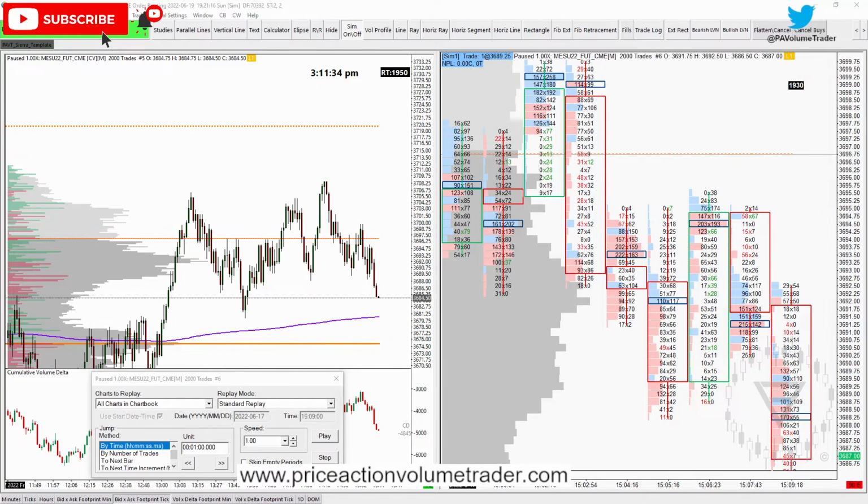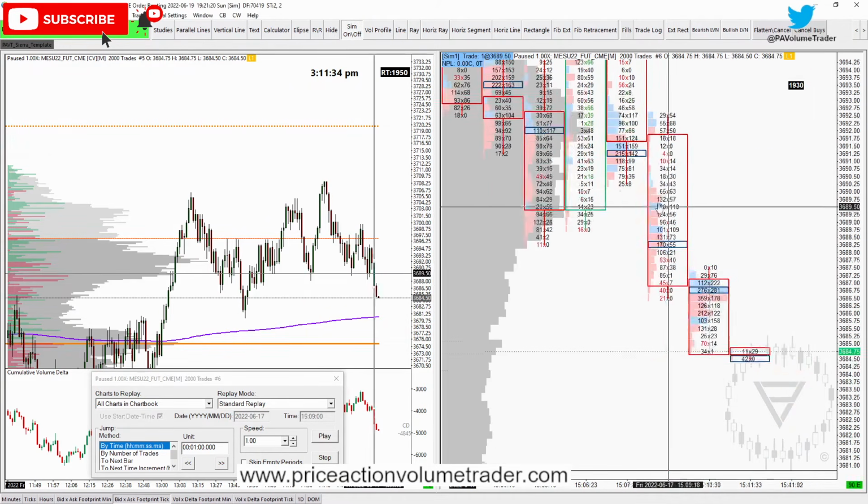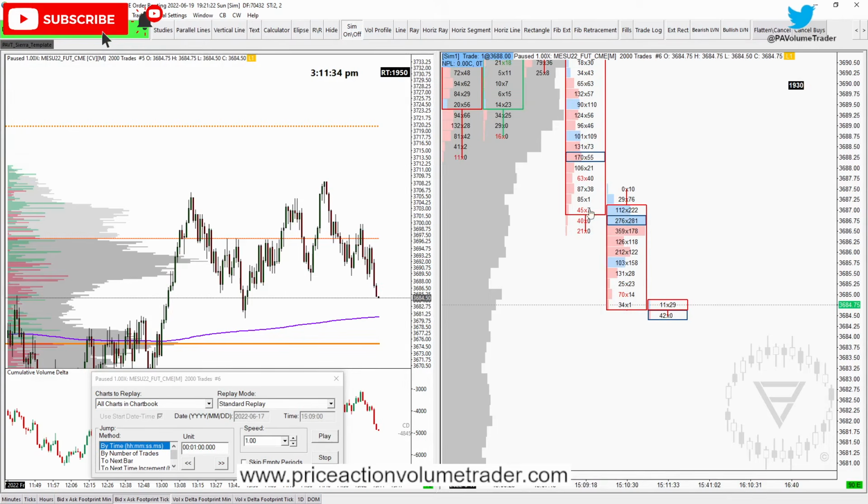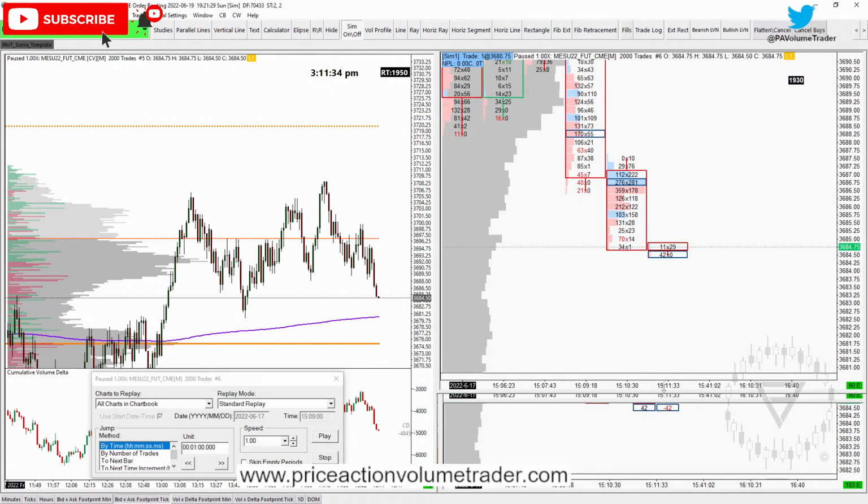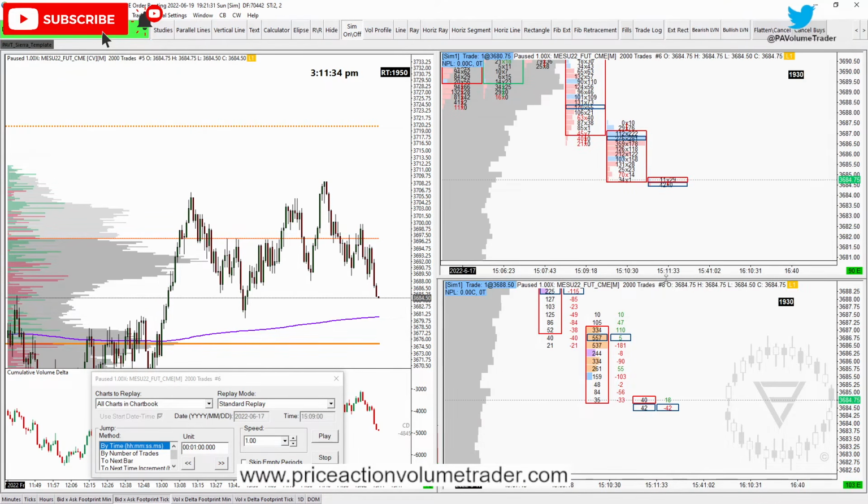I personally don't really use imbalances a lot in my trading because, as I'm going to show you, I like to use a different type of footprint chart, and that is this one right here.